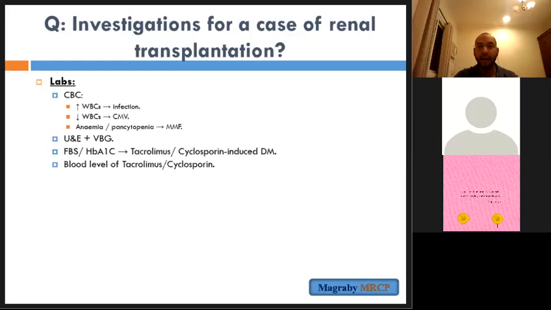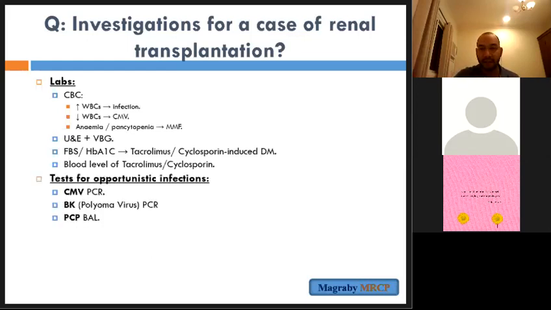After that, test for opportunistic infection, especially CMV, BK polyomavirus by PCR, and Pneumocystis jirovecii pneumonia by bronchoalveolar lavage.